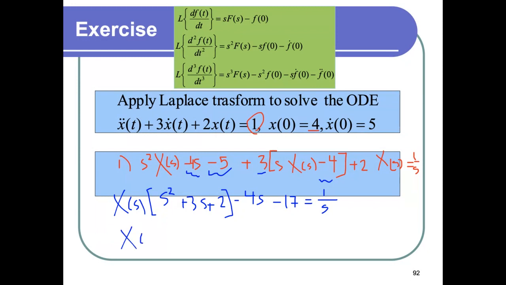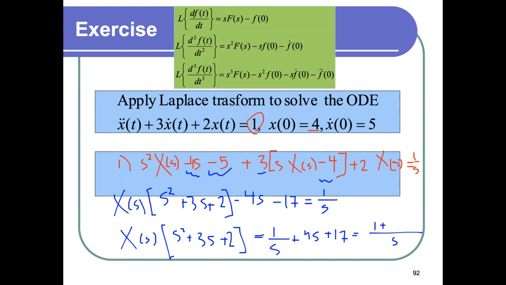This gives me X of s multiplied by s squared plus 3s plus 2, equal to 1 over s plus 4s plus 17. We need a fraction here, so take s as a common denominator. We have 1 plus 4s squared plus 17s.